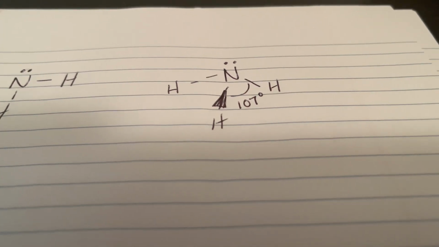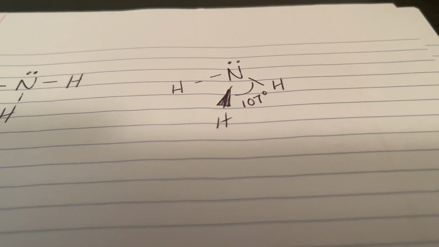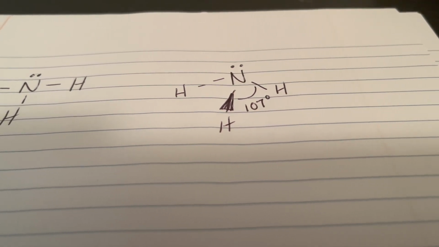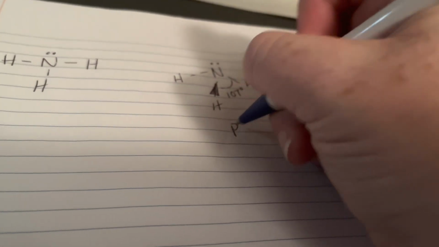So you're going to need to know not only the molecular shapes, but you're also going to need to know the bond angles. Okay. So this shape is like a pyramid, so it's called pyramidal shape.